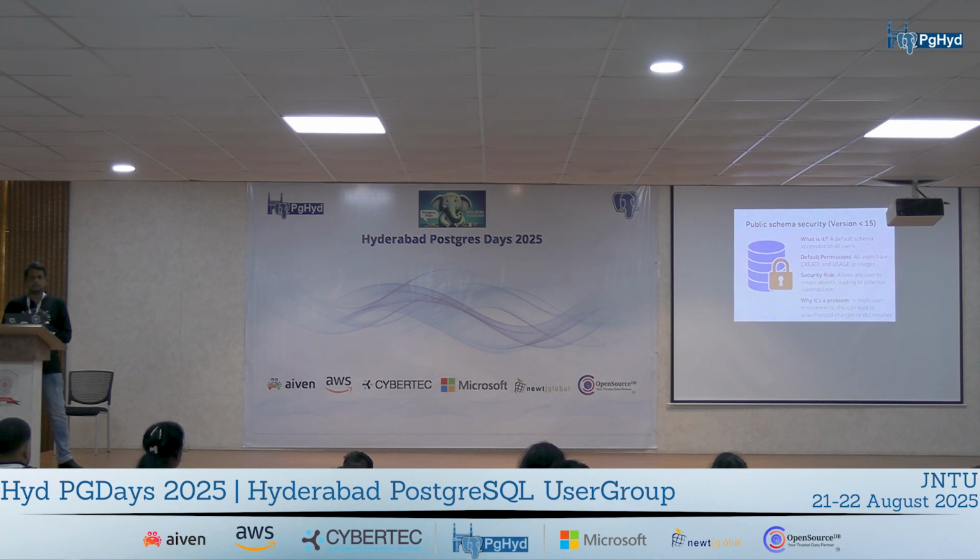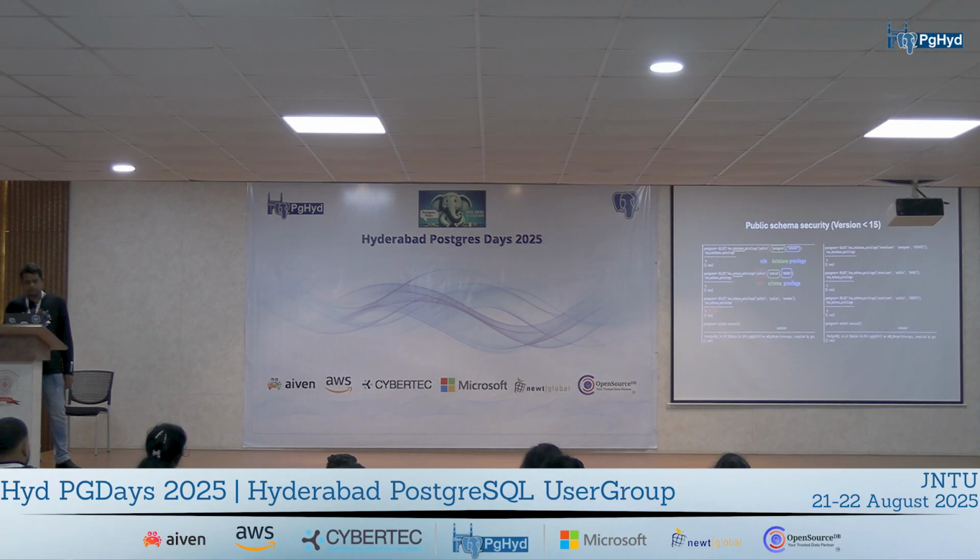So this is a security risk because anyone can go and create objects. Let us assume it is a production database, so it's a risky thing. As I said, in a multi-environment setup, this can lead to unauthorized changes also, because they have all the access on the public schema.